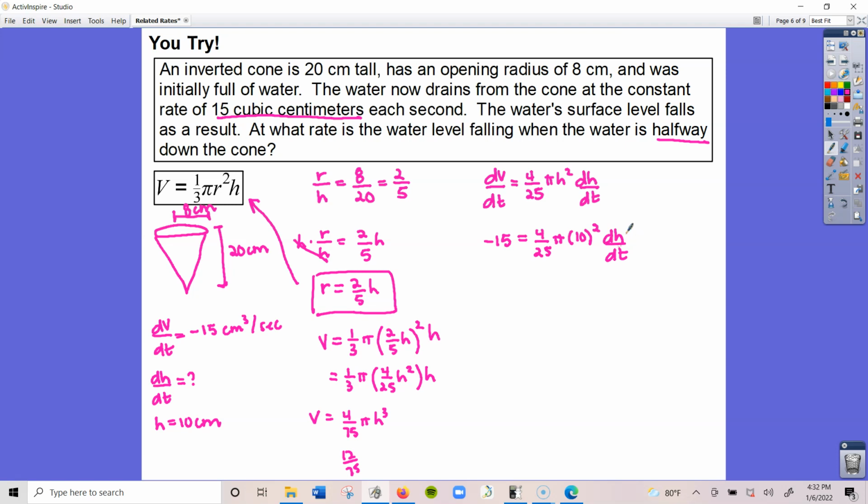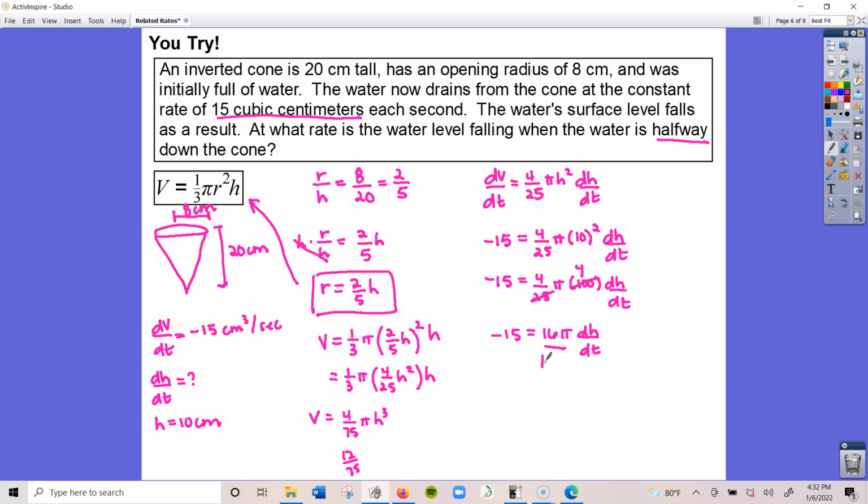Now we're going to work on solving this. We got negative 15 is equal to 4 over 25 pi times 100 dH dt. This 100 and this 25 can be simplified because 100 divided by 25 is 4. So negative 15 is going to equal 4 pi times 4, which is 16 pi dH dt.